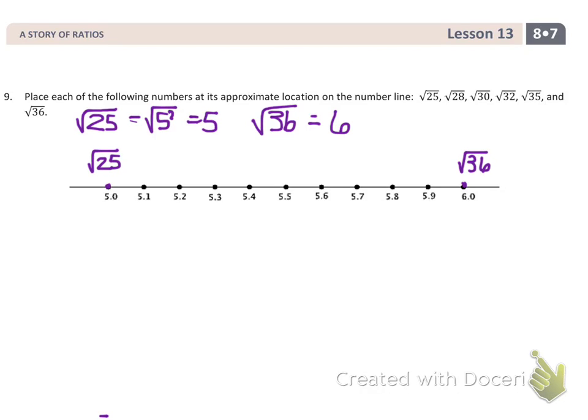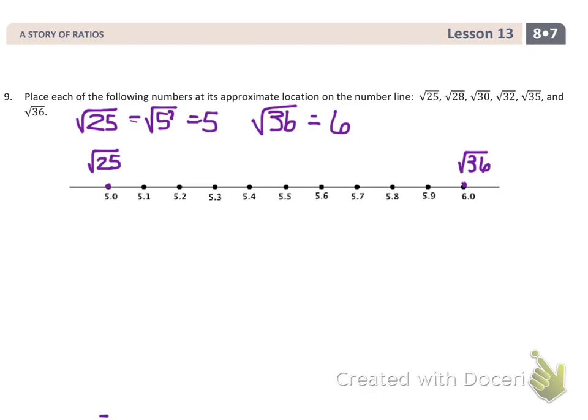So now we're left with the square root of 28, square root of 30, 32, and 35. So we know that they're all going to be in here between 5 and 6, because all of these numbers that we're taking the square root of are between 25 and 36.